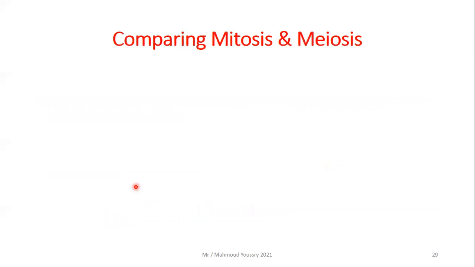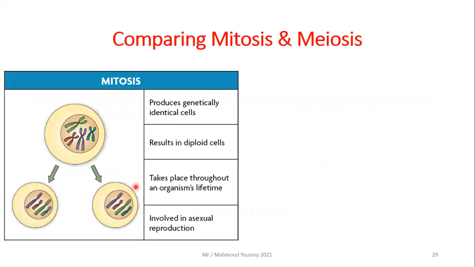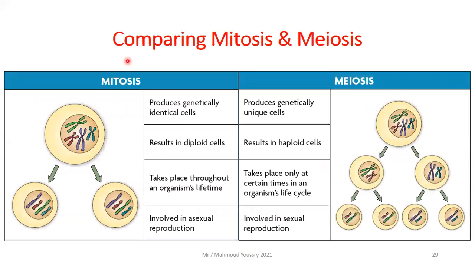So let's compare mitosis and meiosis. We already studied mitosis before. Mitosis produces genetically identical cells because they are like copies of the parents. Here the chromosomes are copied, then the two sister chromatids of each chromosome are separated, resulting in the daughter cells. Then it results in diploid cells.